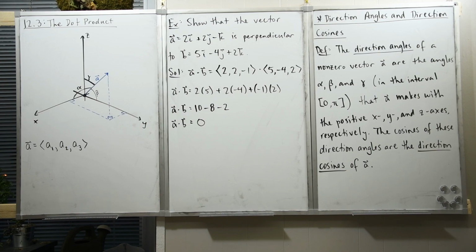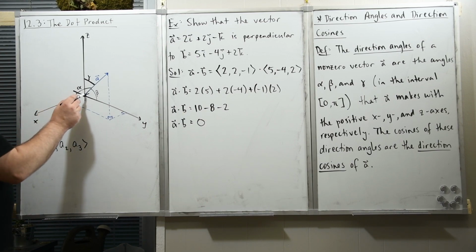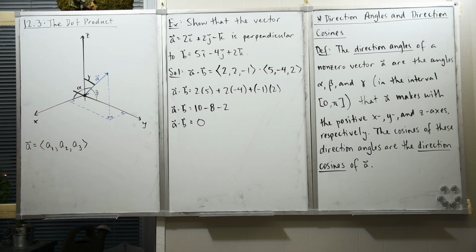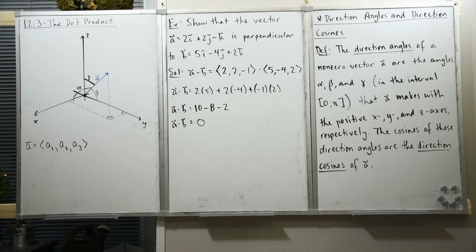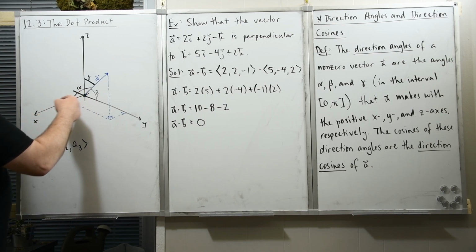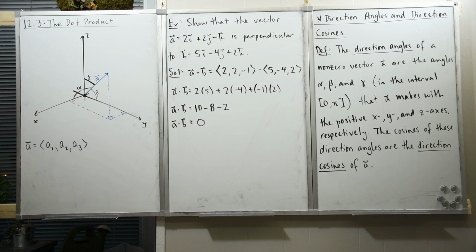But if we're going to try to come up with what the angle actually is, if we want a little bit more information about, let's say, angle alpha, then let's think about the fact that finding the angle between the vector A and the positive x-axis is going to be the same as finding the angle between the vector A and the vector I. Because remember, the vector I is a unit vector that points in the direction of the positive x-axis.